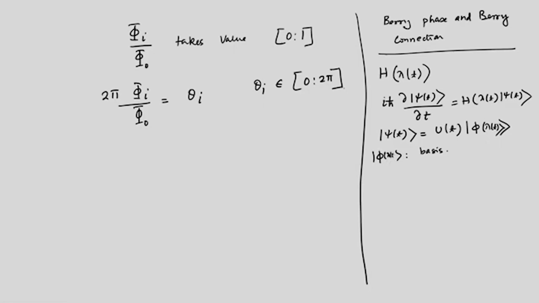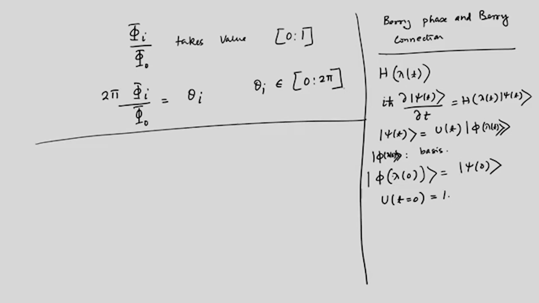So, this is how the wave function evolves, and if we claim that phi of lambda at t equal to 0 is equal to psi at t equal to 0, if this is true, then we can fix that u at t equal to 0 is equal to 1.